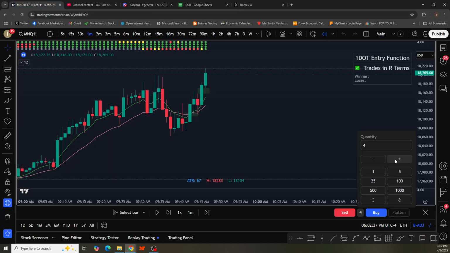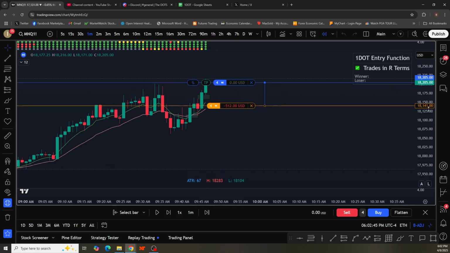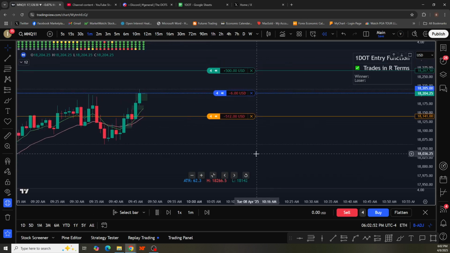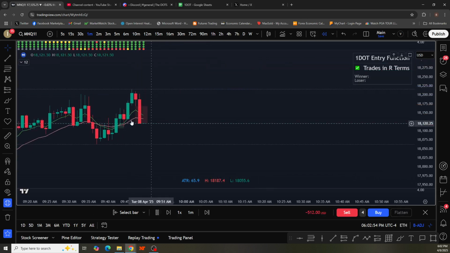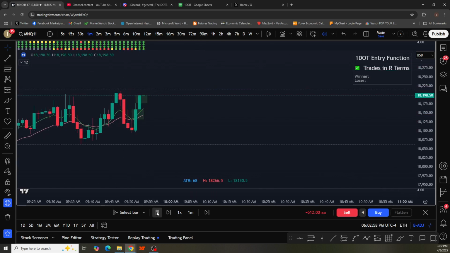So I go to my little thing, long. Your risk is 500. Close enough. And this trade is a stop out. So you are down 1R at the beginning of the day.